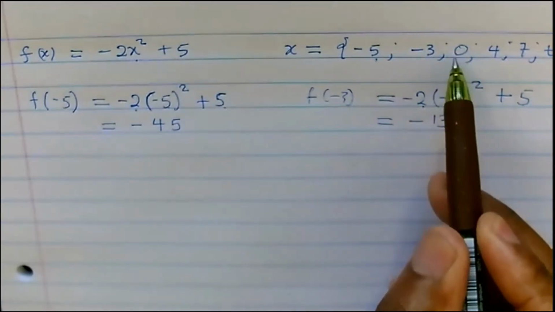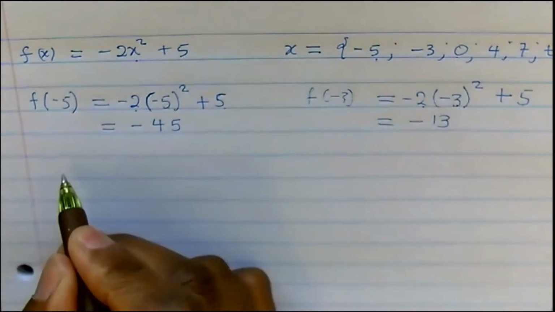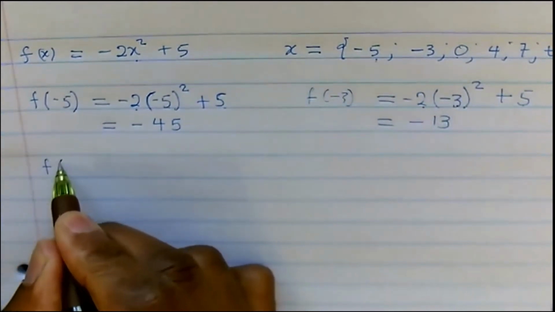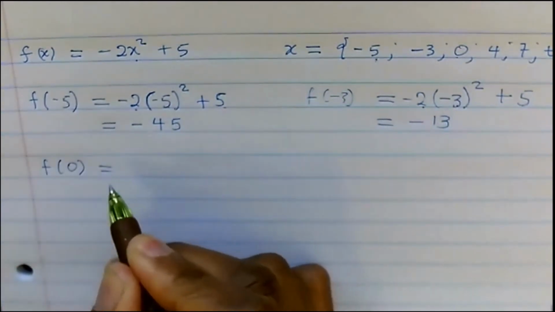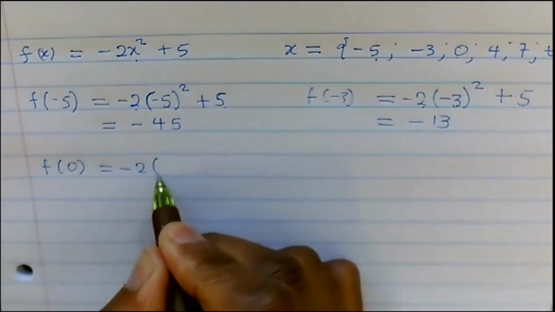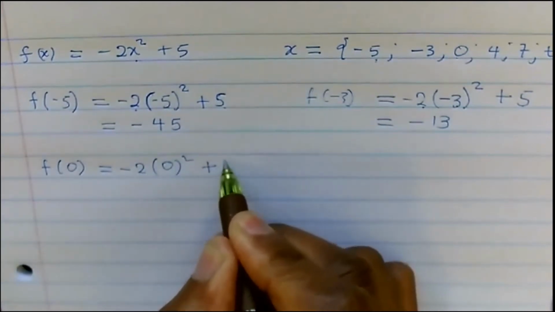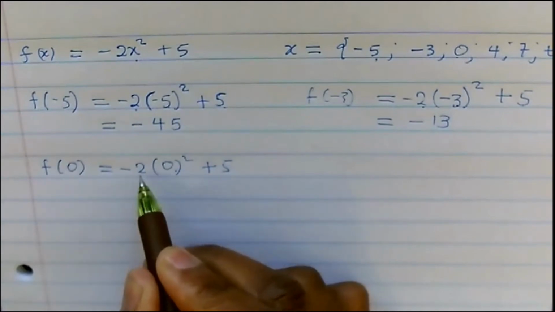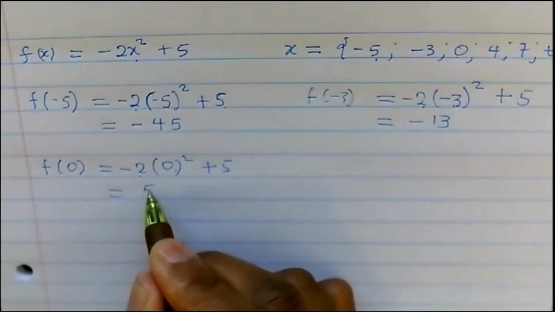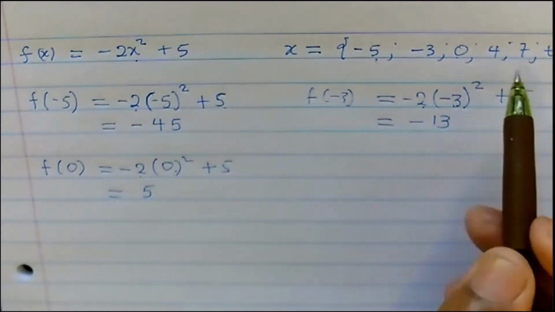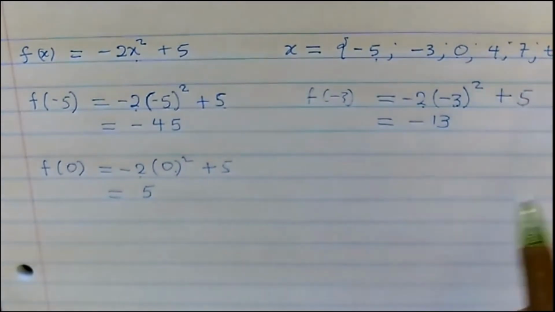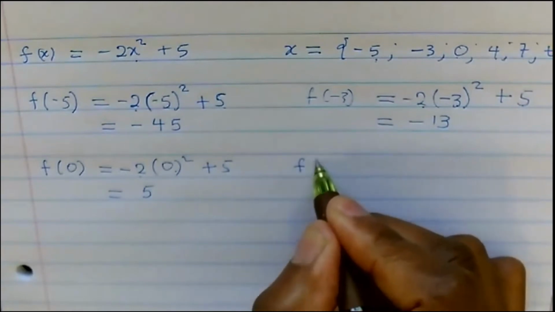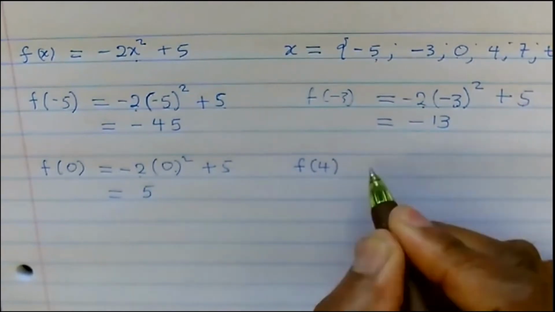Then carrying on, we have 0, meaning we have to do f at 0, which is equal to -2 times 0 squared plus 5. Obviously anything you multiply by 0 is going to give us 0, so the answer there will be 5. The next number in our domain is 4, so we do f at 4.